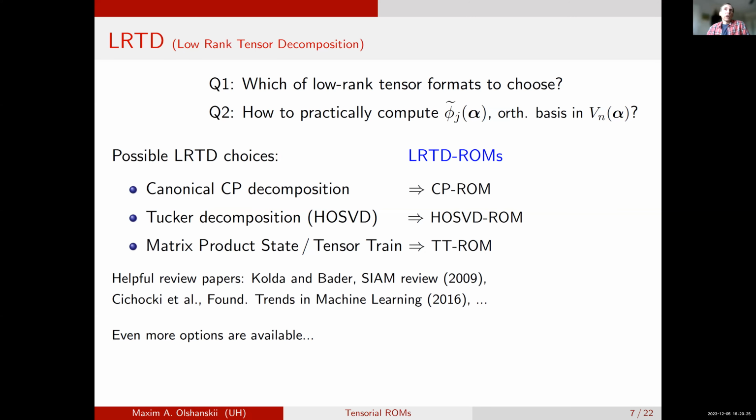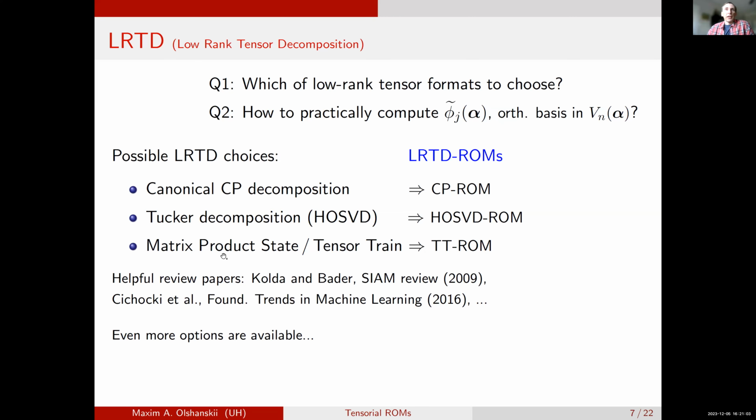So, well, here are several possible choices of low-rank tensor decompositions. These are not the only ones. Those probably most popular, and those that we tried, all of them work. So two classical: canonical CP decomposition, and high order SVD, which corresponds to Tucker decomposition.